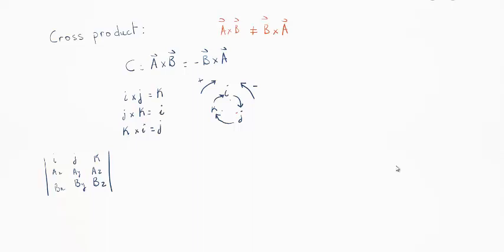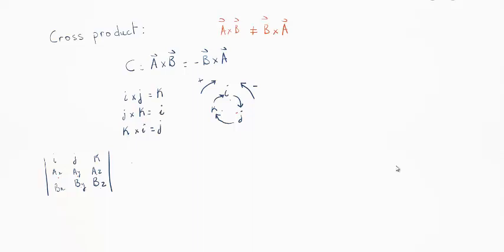Now to do a cross product we can just do a 3 by 3 matrix as such, and we put the i, j, k on the top. Now the first vector is here, so we have ax, ay, az, and bx, by, bz.